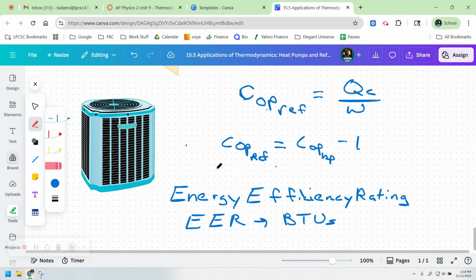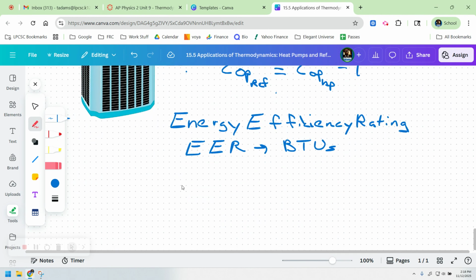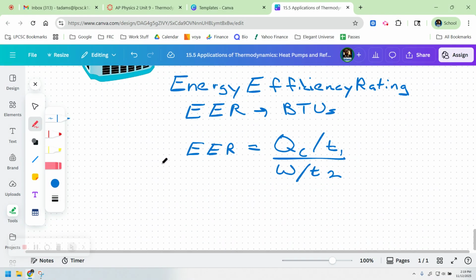But anyways, how do you calculate that? Well, I'm glad you asked. So the energy efficiency rating is equal to the cold reservoir heat divided by time 1 and the work divided by time 2, and I'll define what the time is.